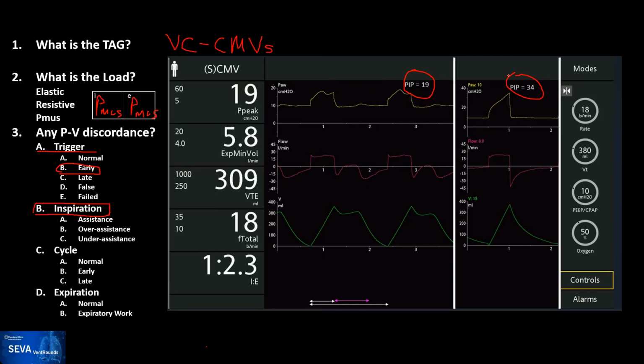No. But that's the picture on the right. That's full. And you might argue, depending on the clinical situation, that it's over assistance because the patient's not making any inspiratory effort. Why not? Maybe because his CO2 is too low. That would be over assistance, right?